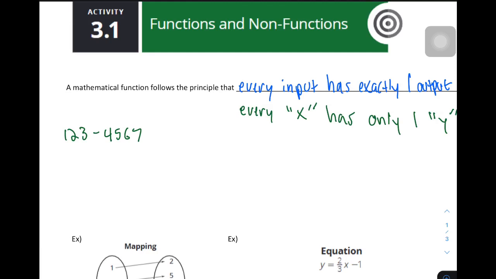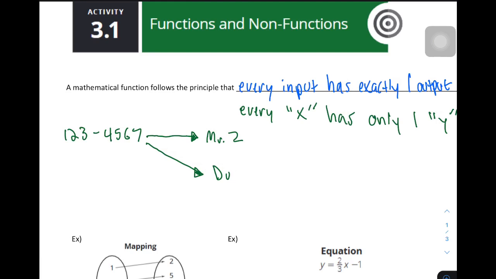If you were to call that phone number, that should only go to me, right? It should be my cell phone, so I should be the one that answers it. But if all of a sudden you call that phone number and that same phone number goes to some dude in Sweden, that cell phone number isn't working correctly.